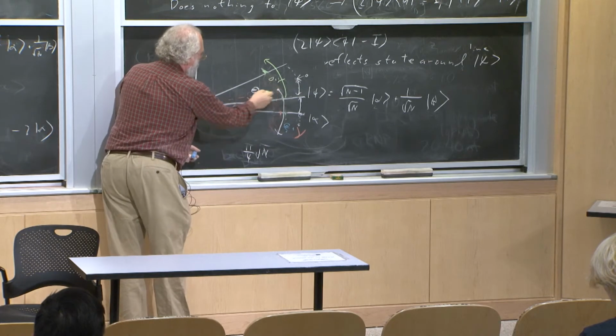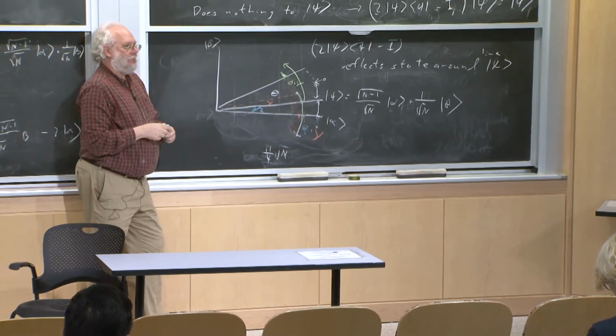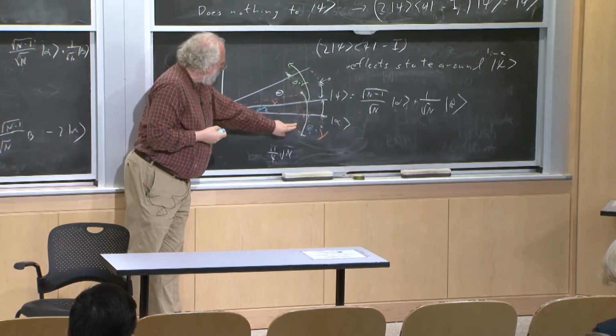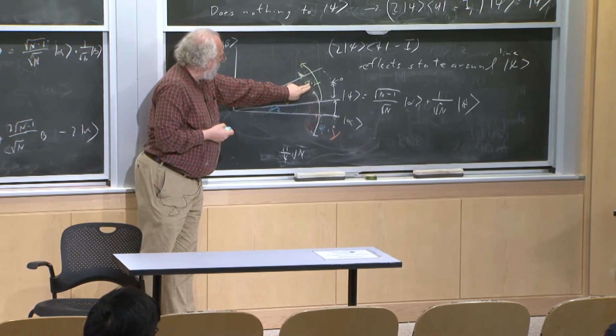So we started at an angle of gamma, and we ended up at an angle of theta plus gamma. So that means we take whatever it is and we rotate it by an angle of theta.